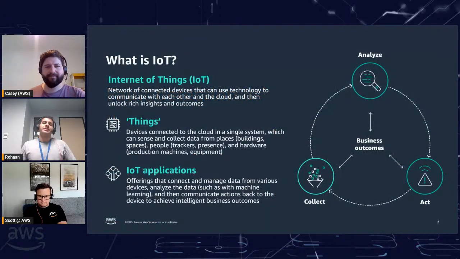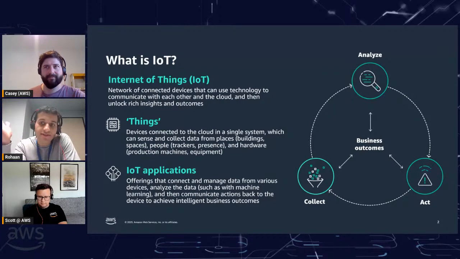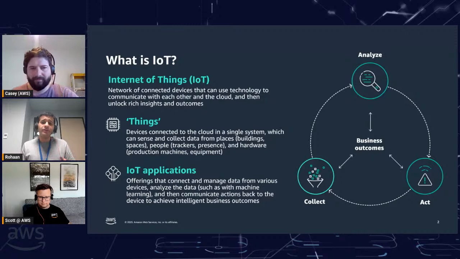I want to start with just talking about what IoT is, if you're unfamiliar with it. So IoT, or the Internet of Things, basically is a network of connected devices that are communicating with each other and generating data and generating insights based on that data. The landscape really consists of the physical devices themselves, like sensors collecting different data points like temperature or humidity.